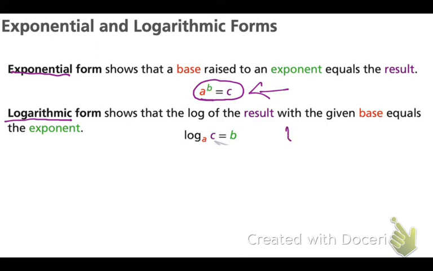When you write that as log base A of C, I typically will put parentheses around the of B. That base needs to look like a base, and we say the words base. You do not say log AC equals B.